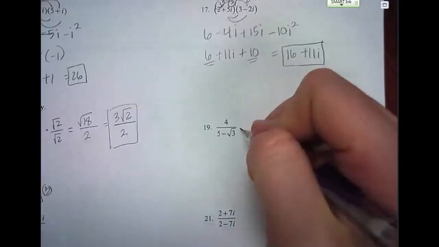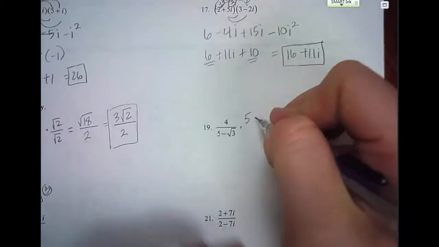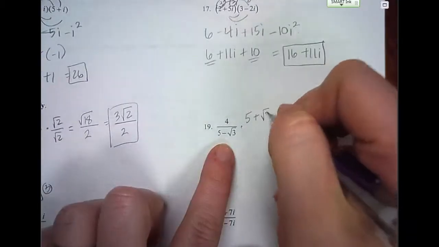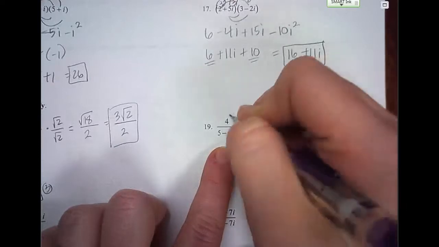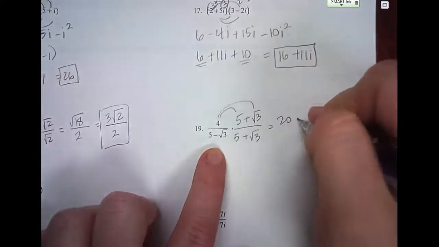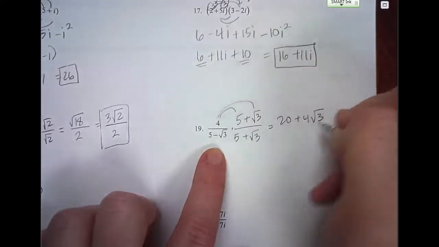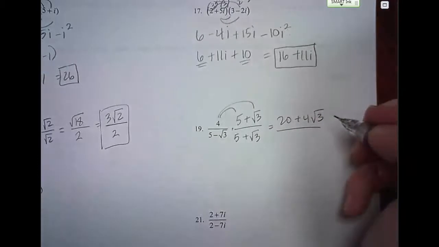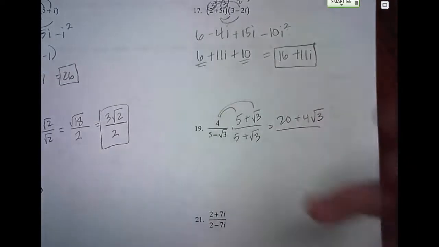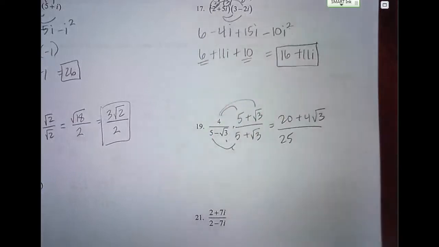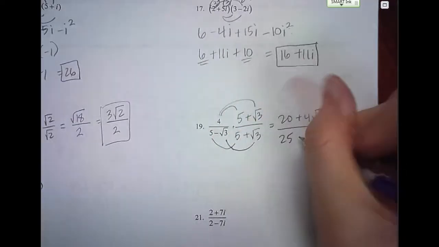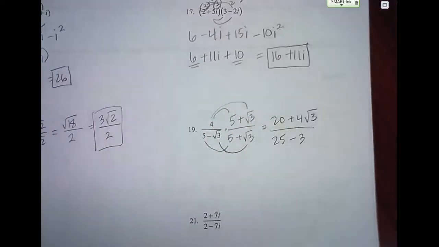Number 19, multiply by 5, change the sign here, plus root 3 over 5 plus root 3. So distribute across the top. 20 plus 4 root 3 over, multiply across the bottom. 5 times 5 is 25. Negative root 3 times root 3 is negative 3.